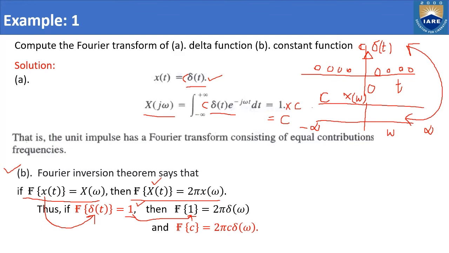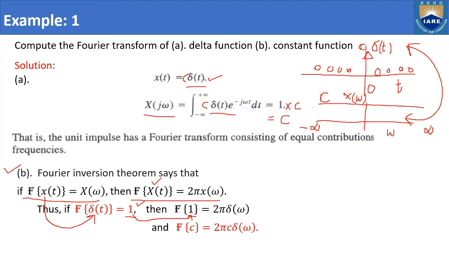Whatever shape you take in the time domain, you will get some shape in the frequency domain. If the frequency domain function is taken as the time function, then whatever time function was there becomes the Fourier transform. This is called duality, which we are going to discuss later.